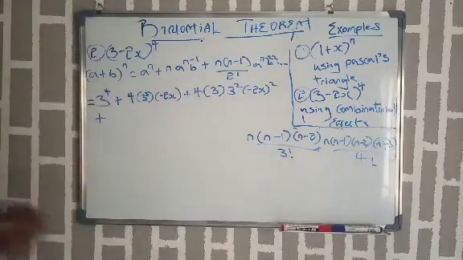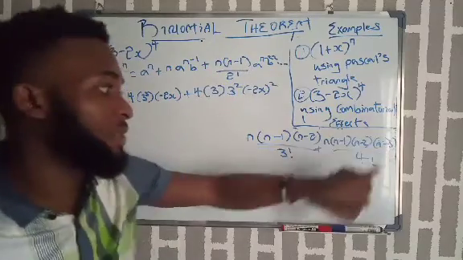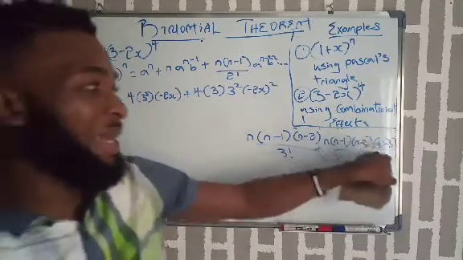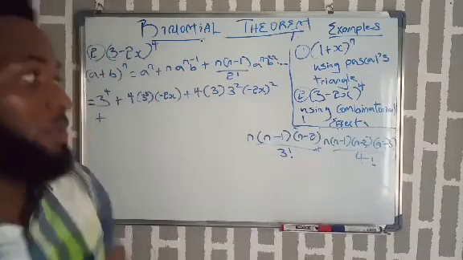You keep on writing that. When this is 3, this is 4 factorial. When this is n minus 4, this is 5 factorial. When this is n minus 5, this is 6 factorial, and so on and so forth.